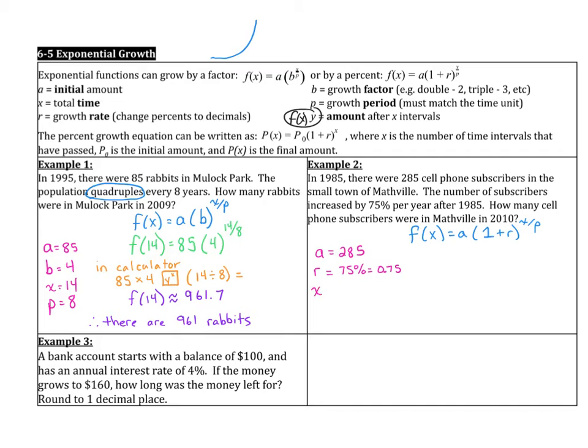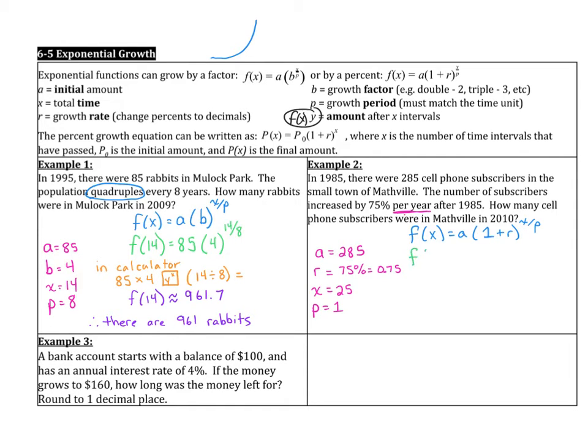The x is the amount of time, so the amount of time between 1985 and 2010 is 25 years. And the p is the time period, so how often is it increasing by 75%? It's per year, so that means the p is just equal to 1.